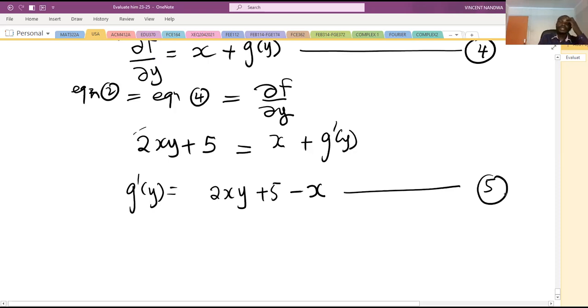Now to get g of y, we simply integrate equation 5 with respect to y.